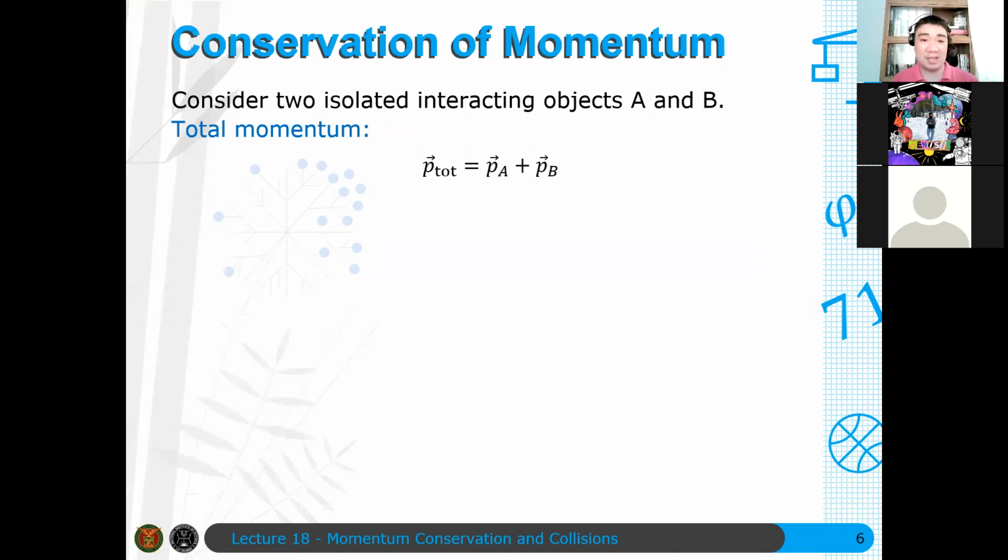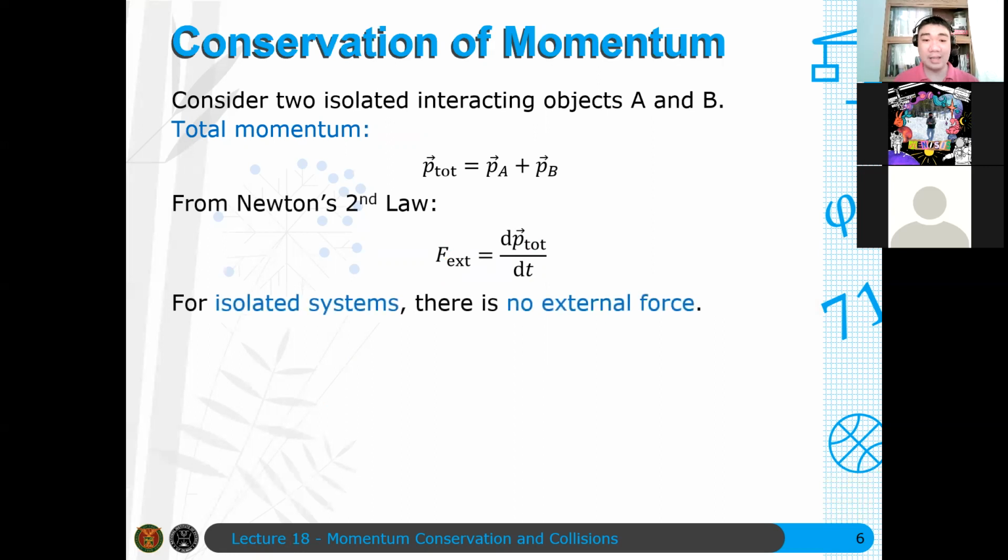So PA and PB. So from Newton's second law, the net external force acting on the system changes the system's momentum. Now, since there are no net external forces acting on the system, then F external vanishes, this becomes 0, and therefore this is equal to 0. What can we say about the momentum? The derivative, if a function has a 0 time derivative, what can we say about that function?